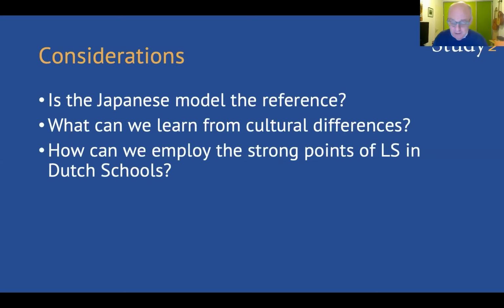And also, if we stick too close to a high fidelity implementation of the Japanese model, are we not going too far in trying to stick to the original, and moving away from the big ideas to focus more on the surface features?